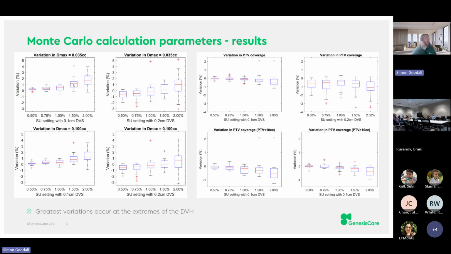And then you also see the max dose increase, and we see the PTV coverage gradually fall off. And this is, I guess, a function of how we actually extract DVH metrics. So when we start to increase the noise by increasing the statistical uncertainty, it means we have some higher and we have some lower values because the noise range is increased.